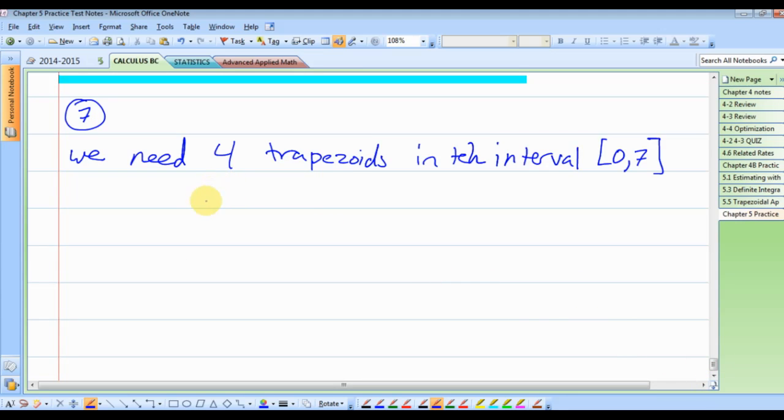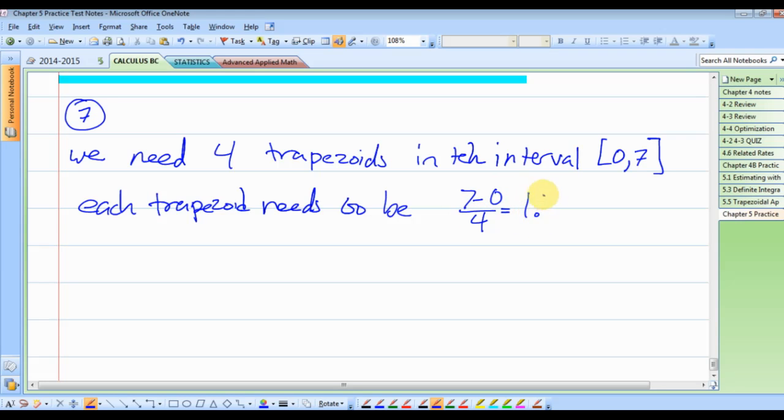So basically the question is, how wide does each trapezoid need to be? Each trapezoid needs to be 7 minus 0 over 4, which is equal to 1.75. Okay? Each trapezoid needs to be 1.75 wide.